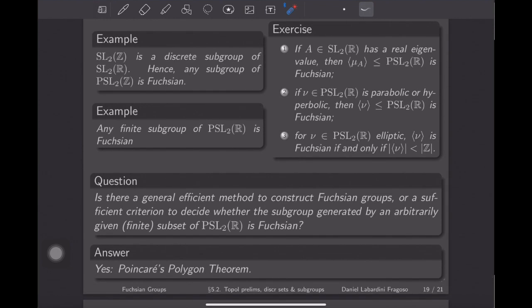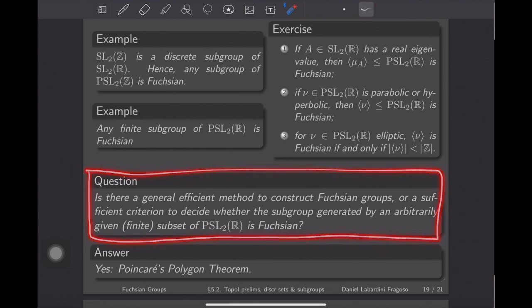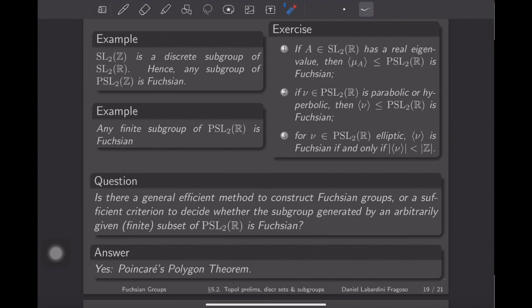And then one of the questions is, how about criteria? Typically one is handed a bunch of Mobius transformations in PSL2R, and then one is asked, is the subgroup they generate Fuchsian or discrete, and how do you decide it? Or do you have a method for constructing a discrete subgroup of PSL2R or equivalently of SL2R?